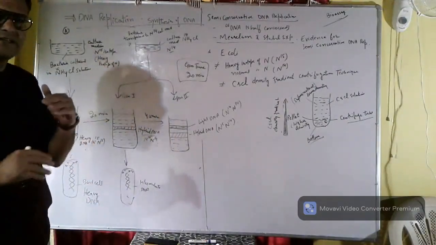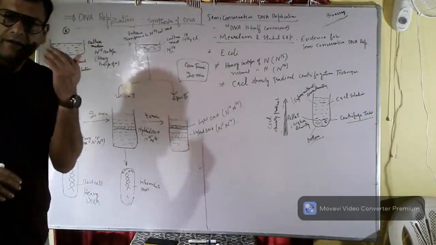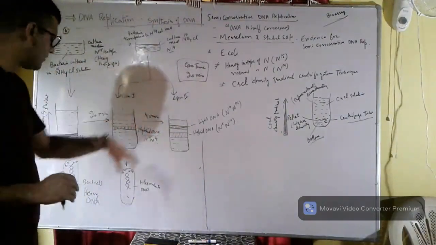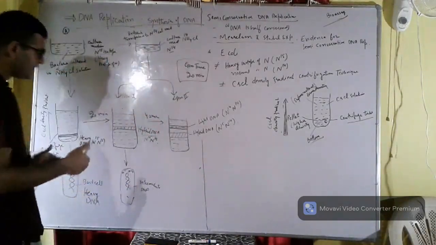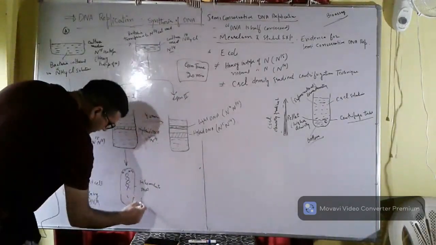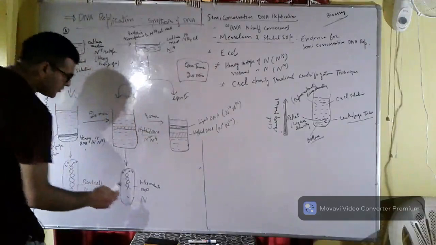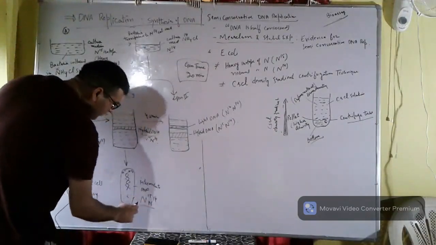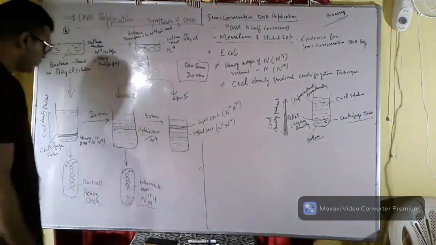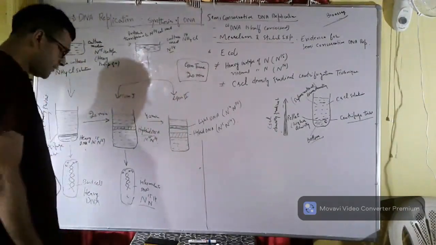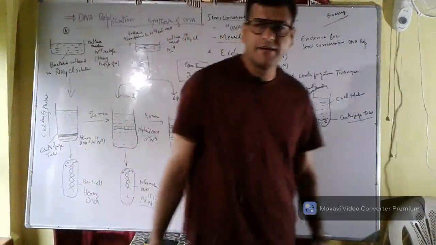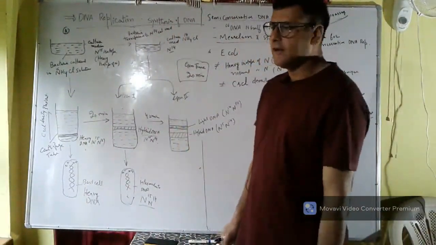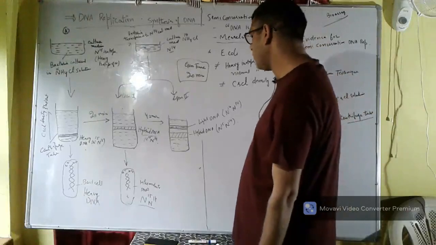This intermediate DNA has a density in between the heavy DNA and light DNA. It has two strands: one strand is having N15 isotope of nitrogen and another strand is having N14 isotope of nitrogen. So this is called intermediate DNA or hybrid DNA, which is having density intermediate to N15 and N14 type of DNAs.